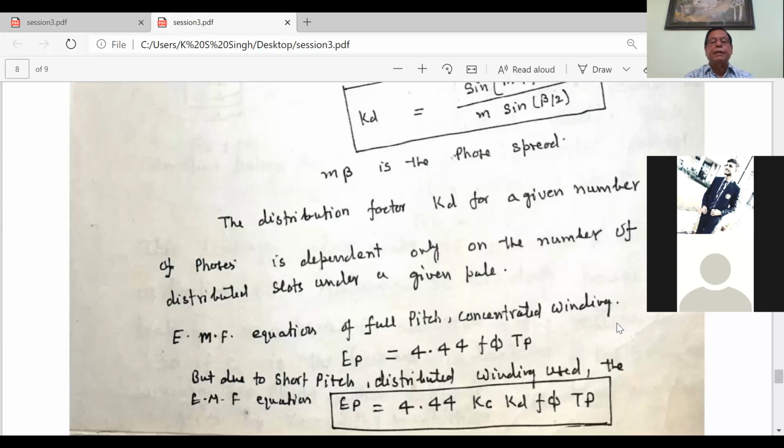This EMF equation is based on the assumptions that winding is the full pitch winding and concentrated winding. Now, for finding the actual voltage induced in the case of synchronous generator, when you are using short pitch winding and distributed winding, you multiply by these two factors Kc and Kd, and you will find the actual voltage induced.